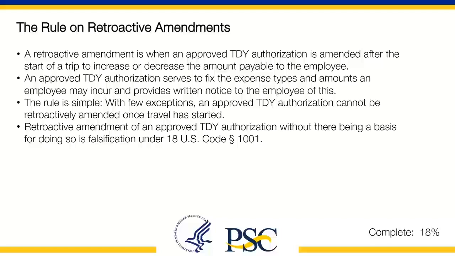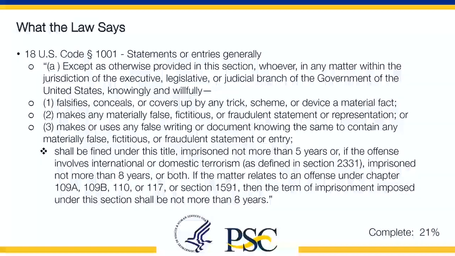Retroactive amendment of an approved TDY authorization without there being a basis for doing so is falsification under 18 U.S. Code Section 1001. 18 U.S. Code Section 1001, statements or entries generally. A. Except as otherwise provided in this section, whoever, in any matter within the jurisdiction of the executive, legislative, or judicial branch of the government of the United States, knowingly and willfully 1.